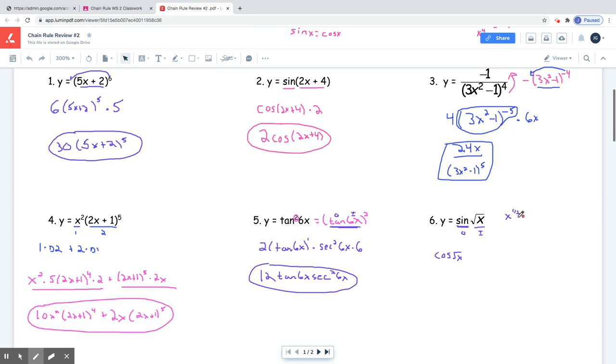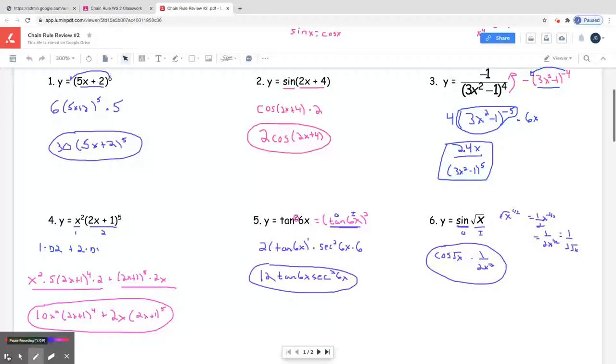So you bring out the 1/2, and I get 1/2 x to the negative 1/2, which is 1 over 2x to the 1/2. Or another way you could write this is 1 over 2 root x. It's a good idea to maybe memorize this derivative because we use it a lot. You can leave that as your answer. We write cosine root x times 1 over 2x to the 1/2.